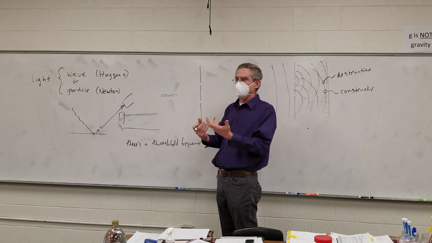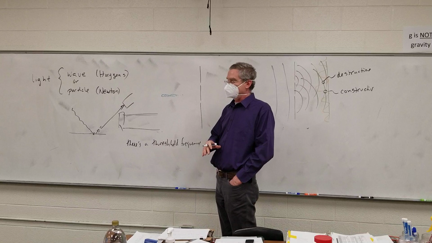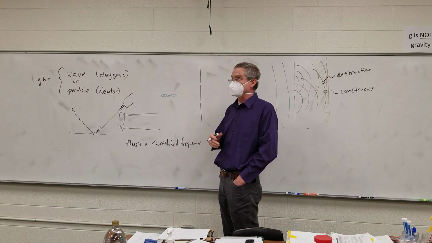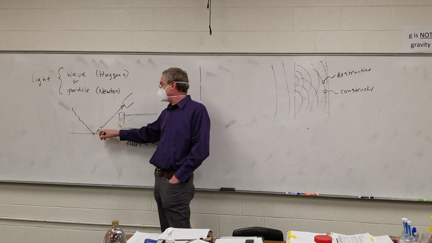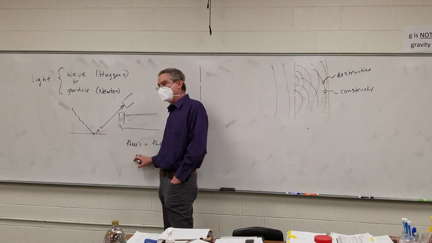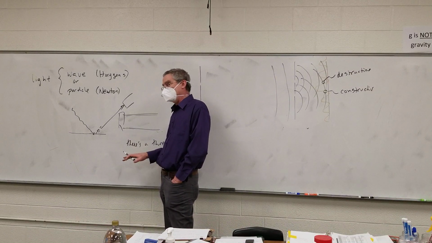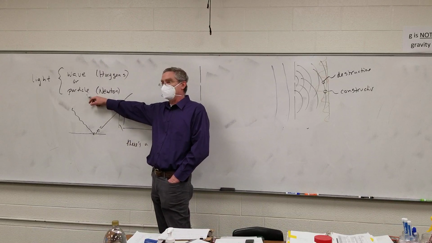I make it brighter. But if I'm below the threshold, making it brighter, in other words, increasing the amplitude, does not make electrons come off. However, if I'm above the threshold, making it brighter, I will get more electrons off. But if I'm below, I can't. And so that was the big evidence for the fact that it was actually a particle.